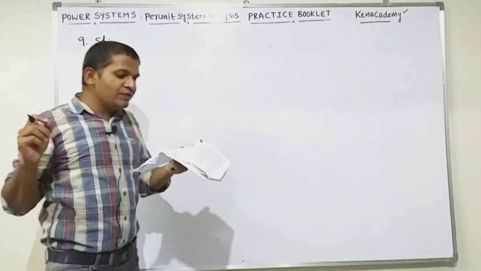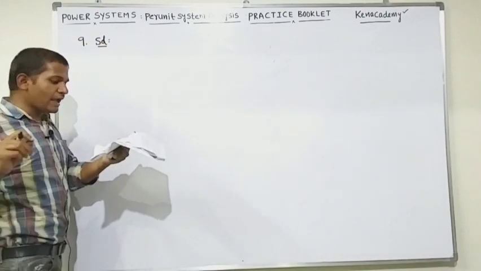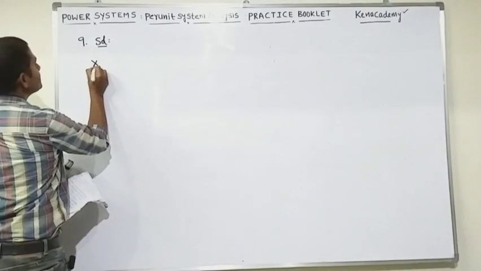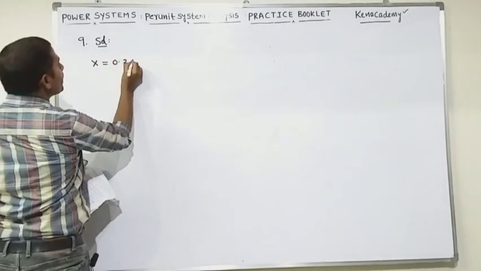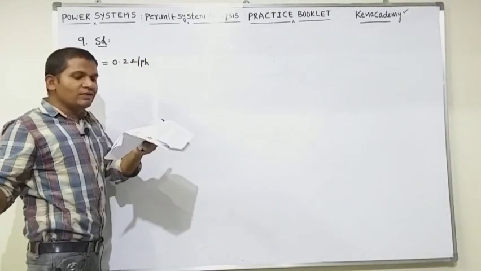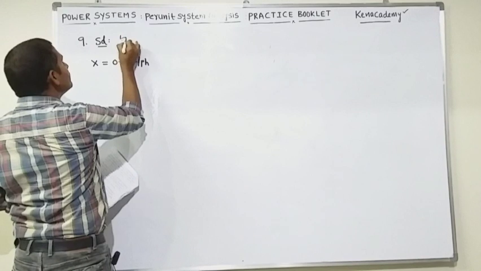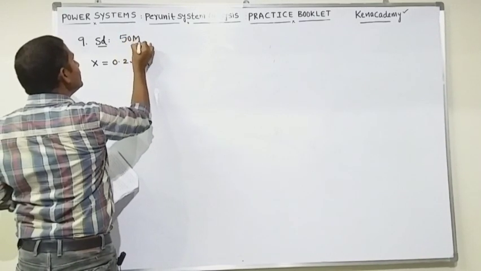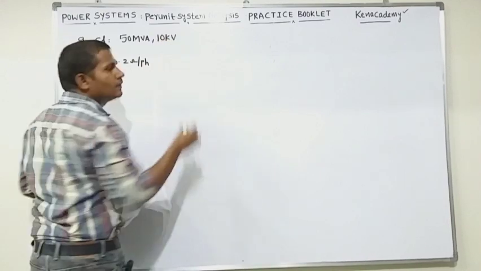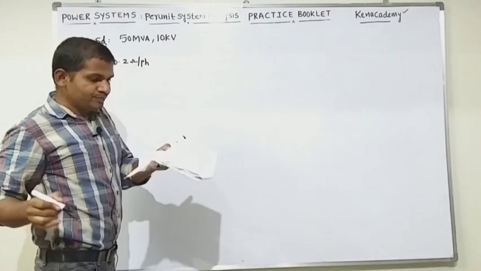A 3-phase 50 MVA 10 kV generator has a reactance of 0.2 ohms per phase. The reactance is 0.2 ohms per phase. The rating of the generator is given as 50 MVA 10 kV.